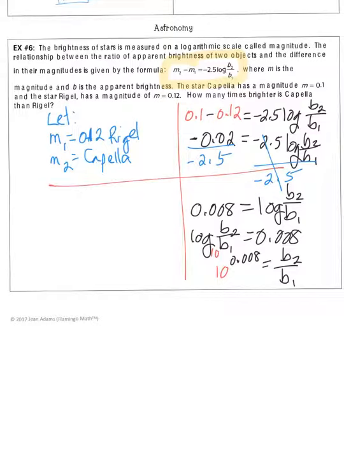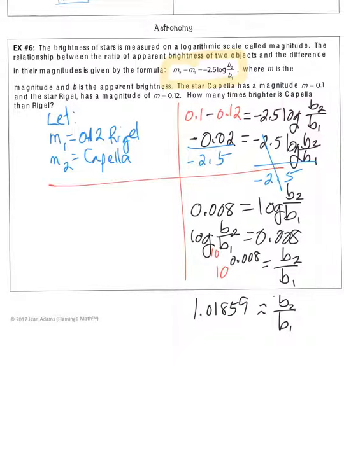And so then you're going to have to use your calculator and actually find out what is 10 to the 0.008. And so you get approximately 1.01859.